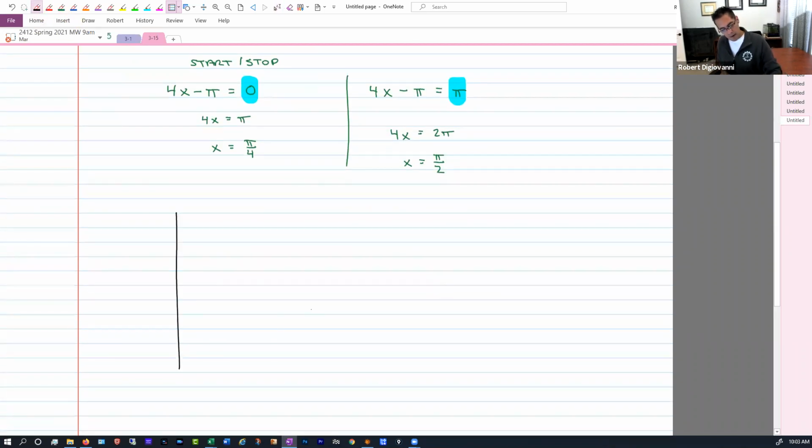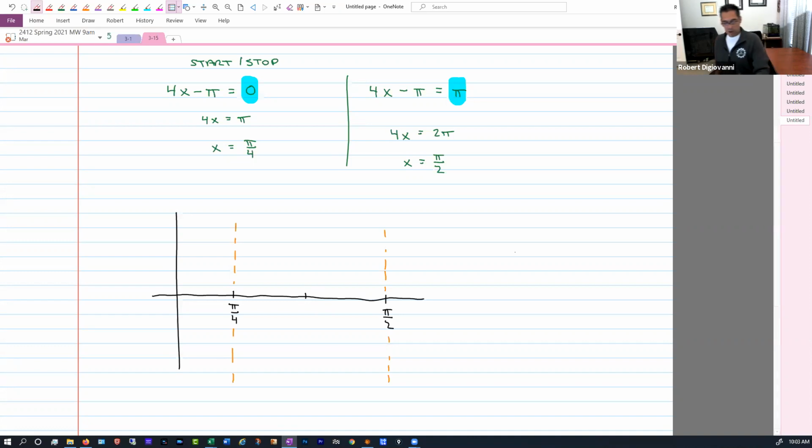So I go to draw my graph. Pi over 4, pi over 2. These are where my verticals are. I know that halfway is where I'm going to have my x-intercept, so I find the middle of those.